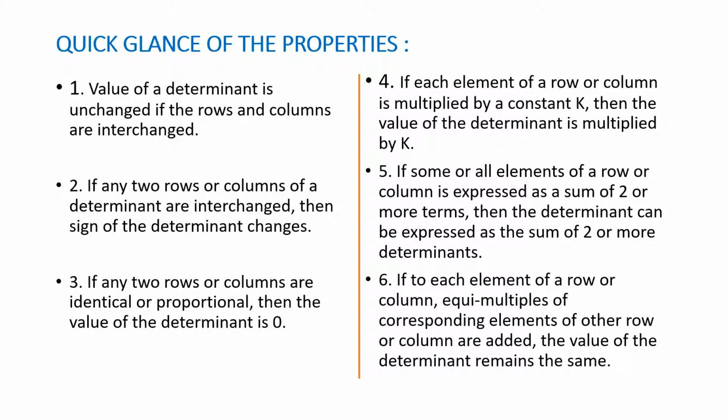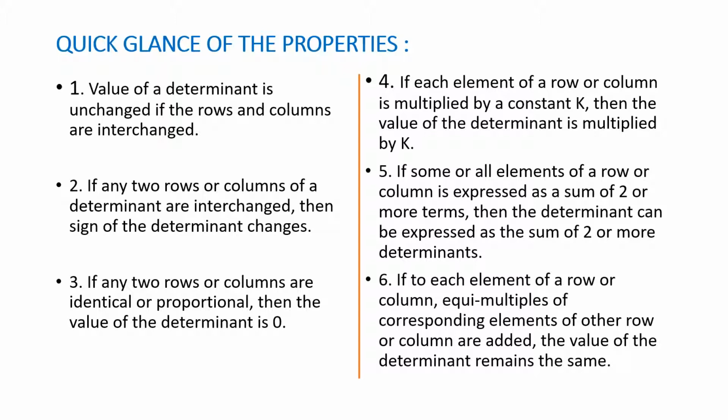Fourth one, if you multiply the elements of any row or column by a constant k, then the value of the determinant is also multiplied by the same constant k. The fifth one is, if the elements of a row or some elements of a row or column are expressed as the sum of two or more terms, then you can split the determinant into two or more determinants.